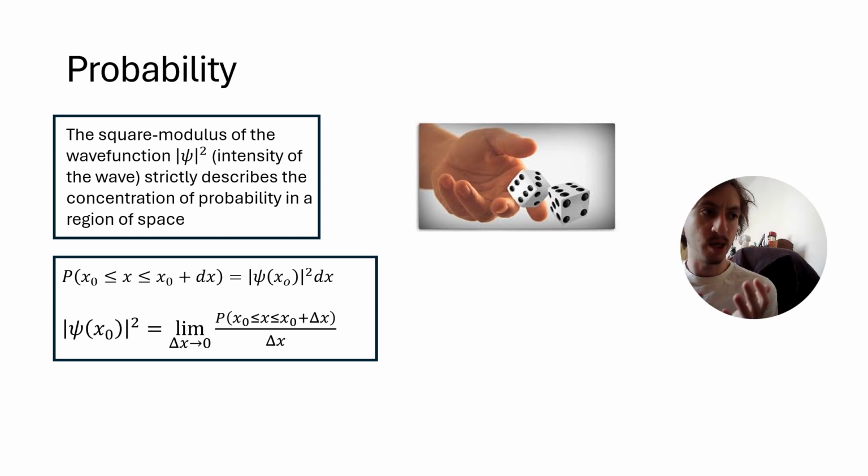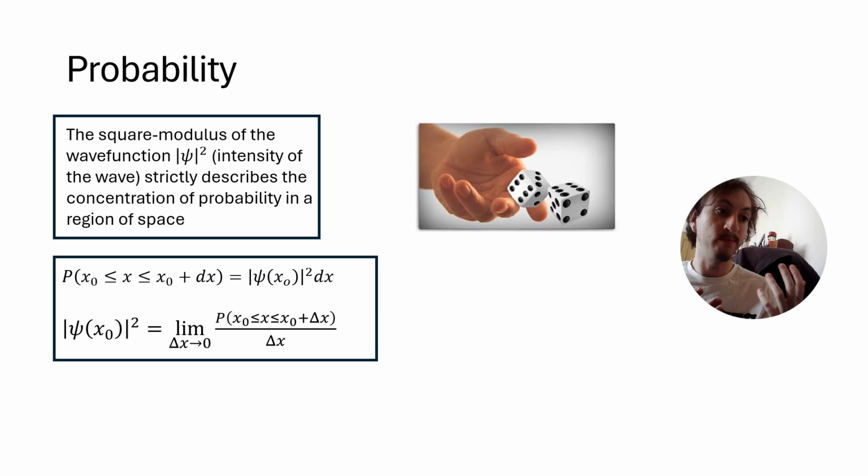So in other words, the magnitude of the wave function squared is kind of like the probability of finding a particle between two points divided by the distance between those two points, in the limit where that distance becomes infinitesimal.